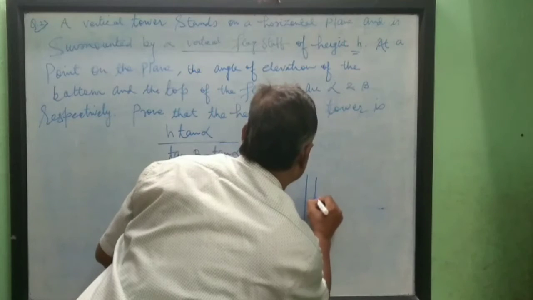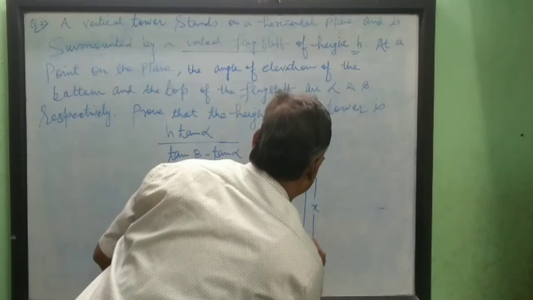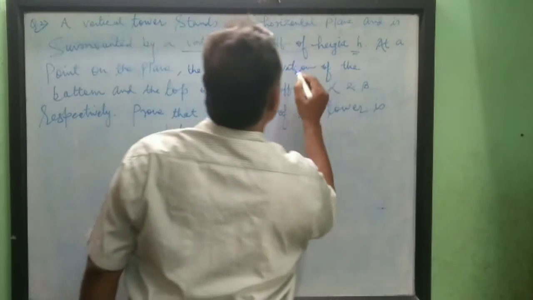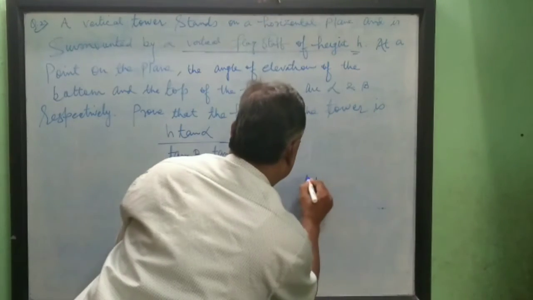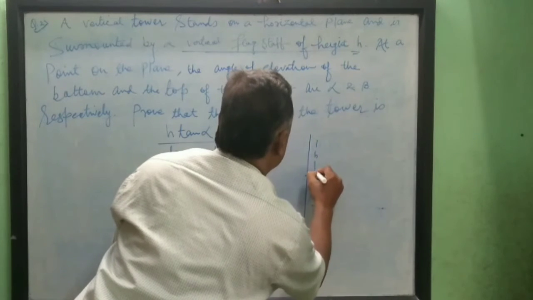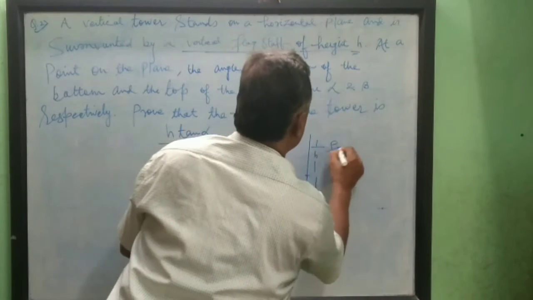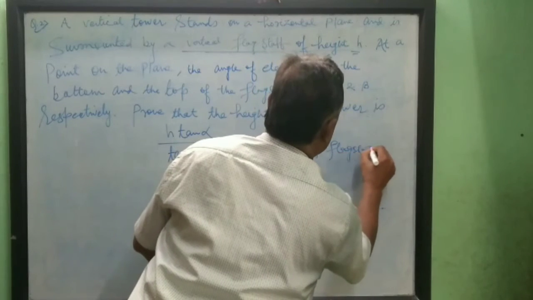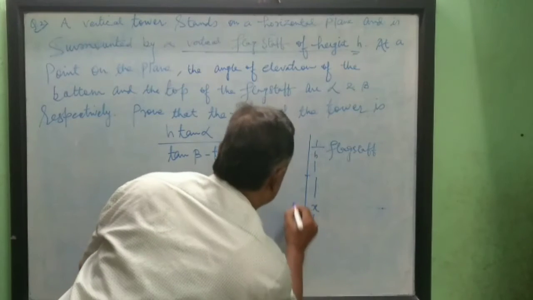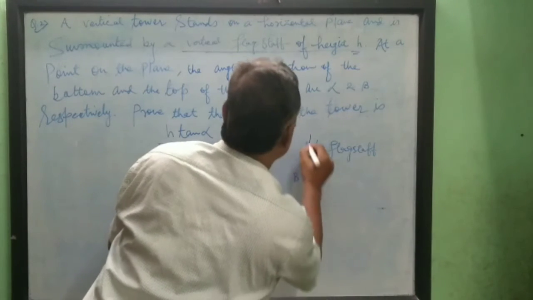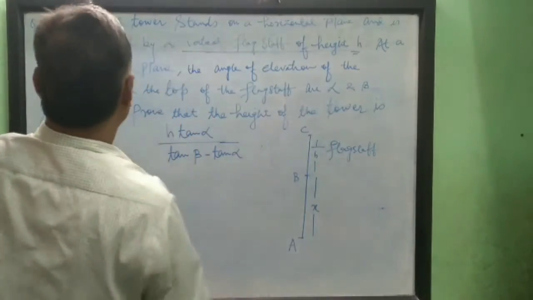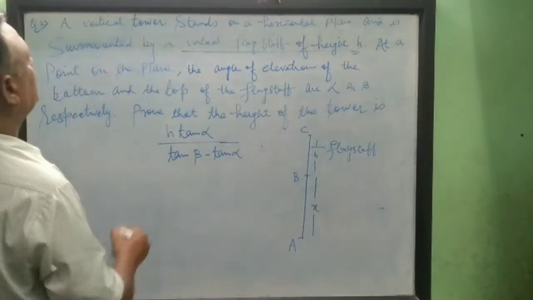Let this be x, and it is surmounted by a vertical flagstaff of height h, and here is the flagstaff of height h. A, B and C. BC is a flagstaff and AB is a vertical tower.